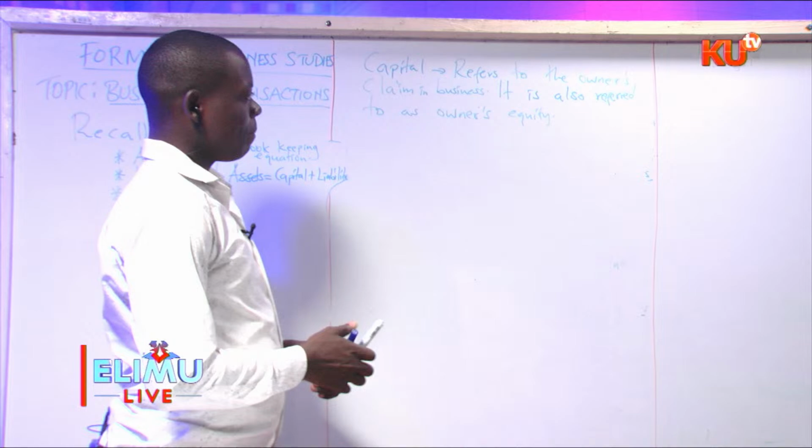Then we have current assets. In our case, for current assets, we have stock worth 70,000. We have debtors worth 100,000.